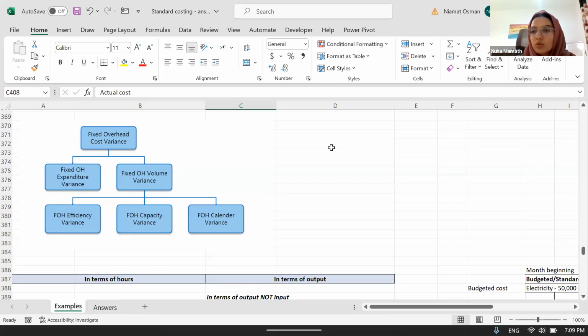Taslima says absorbed minus budgeted. Great. Okay, Suhail, thank you.